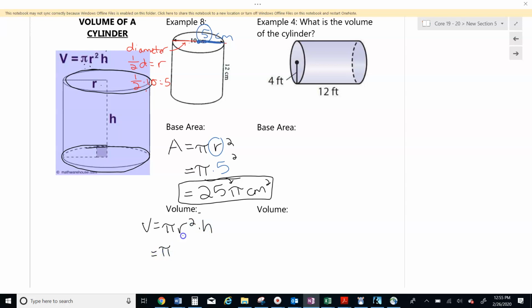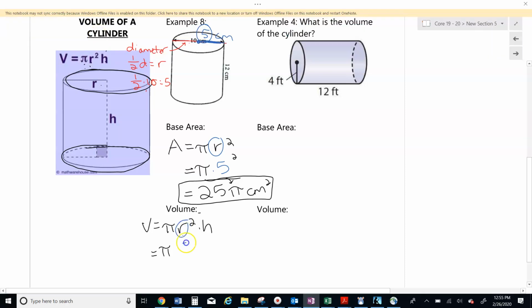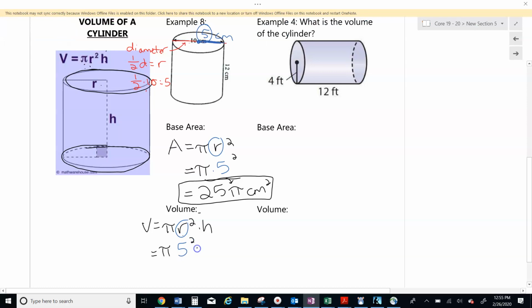So pi, our r is still 5. And our height is 12. Again, I'm not going to type pi in my calculator.